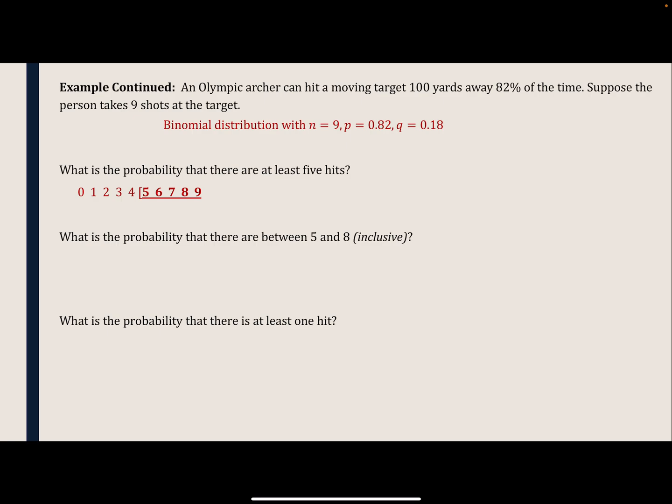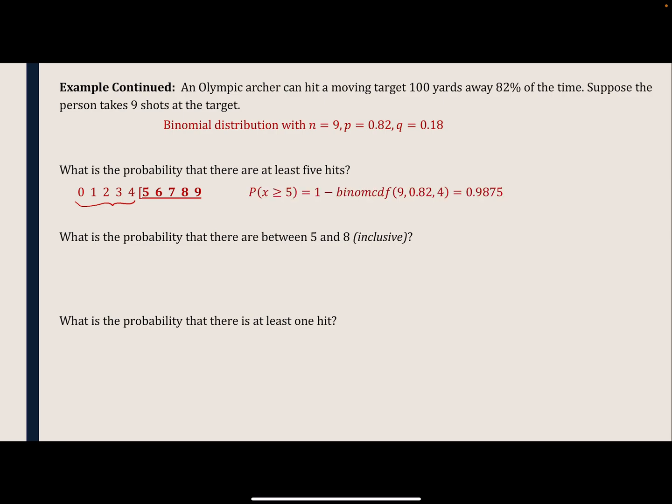Now we're going to use the complement rule again. Because that binomial CDF command only works with a value or less than that, we're going to take 1 minus this range to get this upper range. But this range is 4 or less.